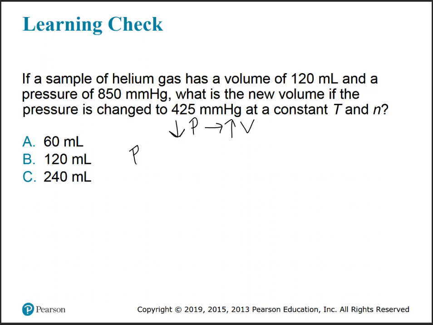Always write out the different variables that you have. So our initial conditions, we have a volume of 120 milliliters and a pressure of 850 millimeters of mercury.